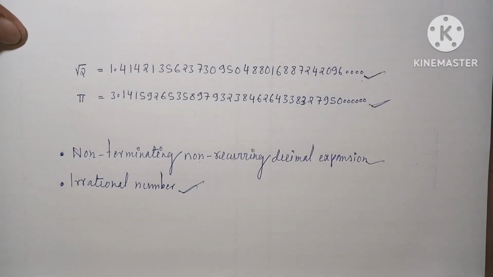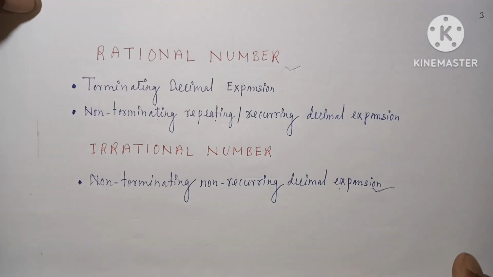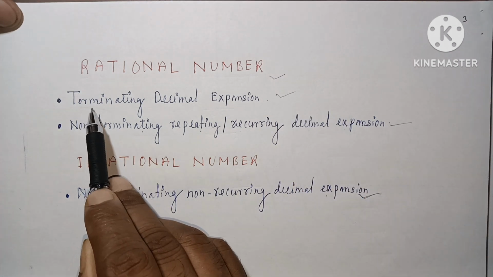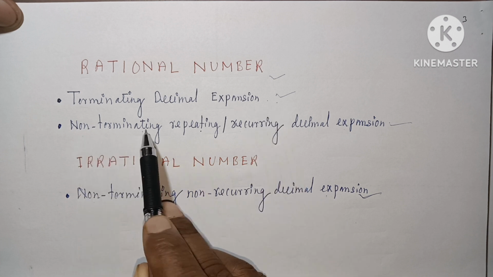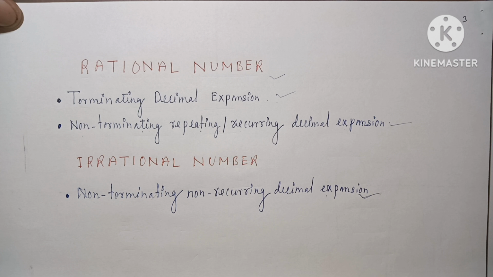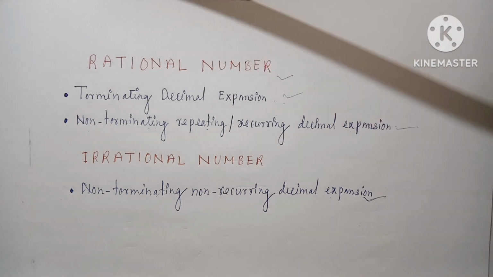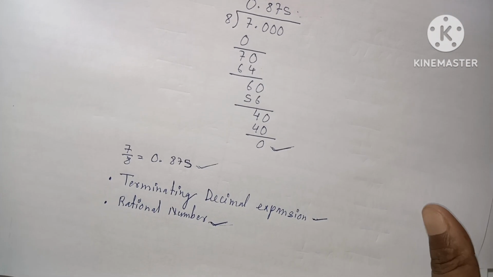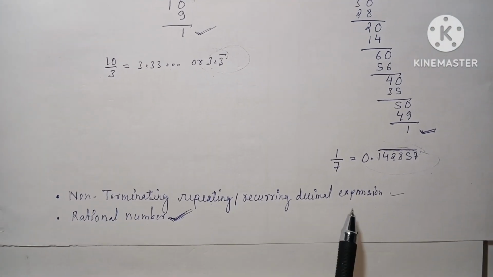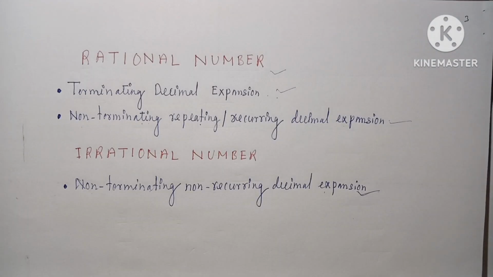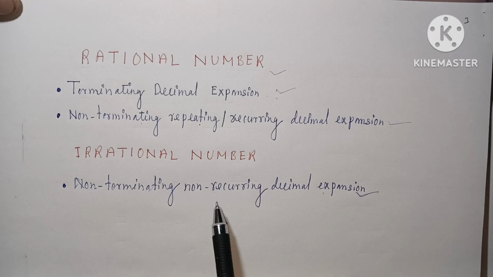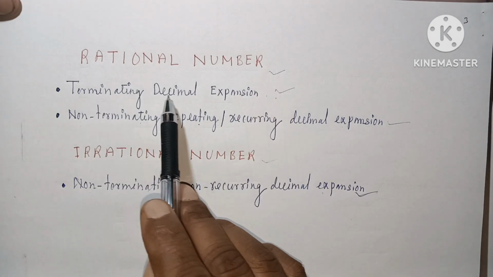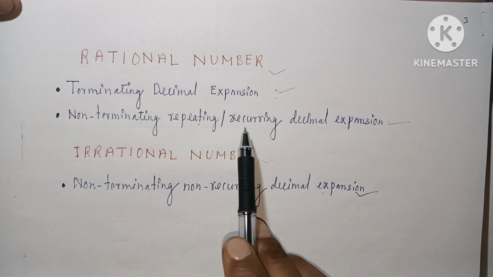Lastly, now the conclusion. For a rational number there are two cases: first, a terminating decimal expansion; next, a non-terminating repeating or recurring decimal expansion.